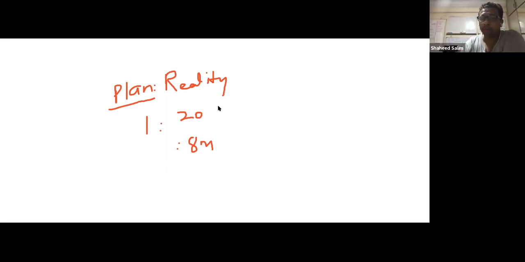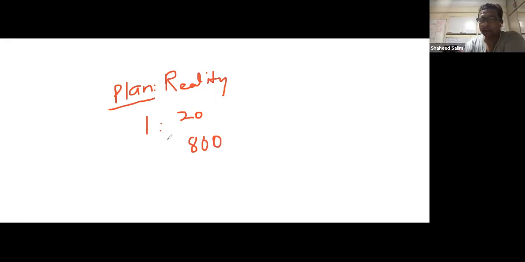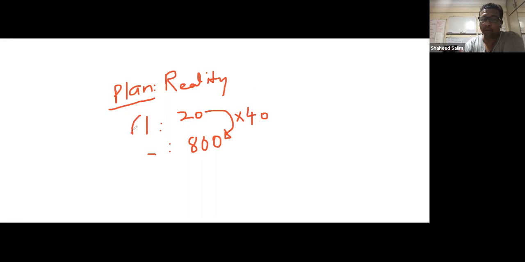Now it becomes very clear, okay? There is no unit, so I'm going to change it to 800 cm. Now down here, from 20 cm, how to make it 800? Times what? 800 divided by 20. What do you get? Times by 40. Same thing, you times by 40 here. You get the answer: 40 cm.